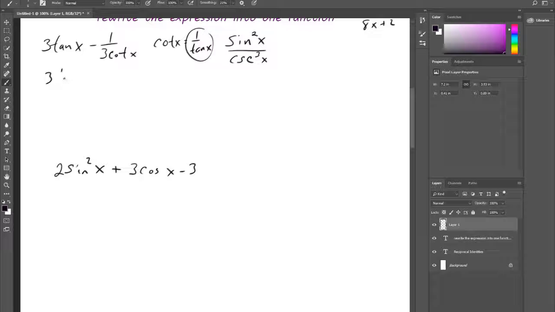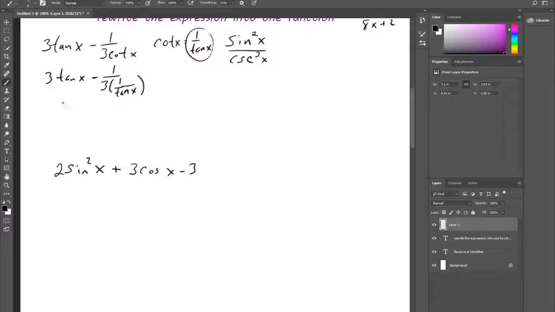So it'd be 3 tangent x minus 1 over 3 times 1 over tangent x. So I basically just replaced cotangent with 1 over tangent x. Now I gotta simplify.